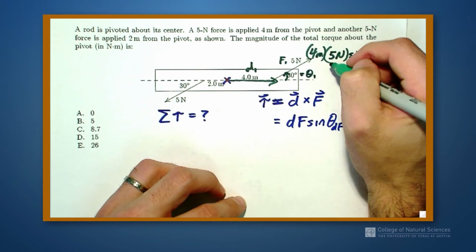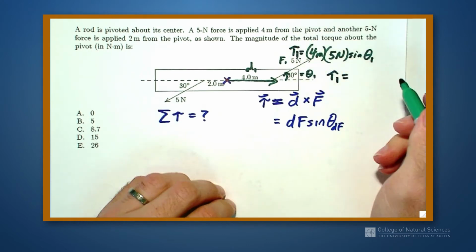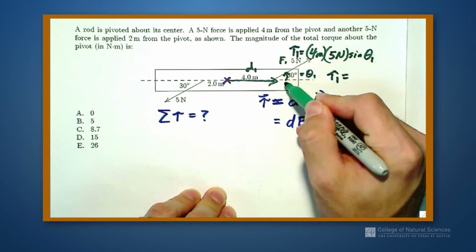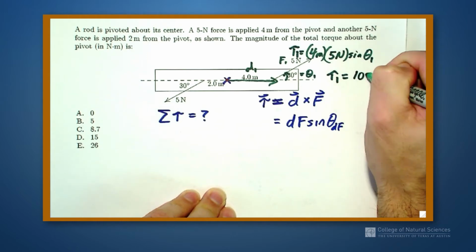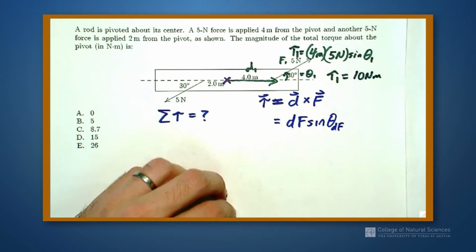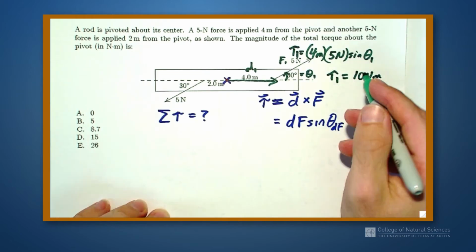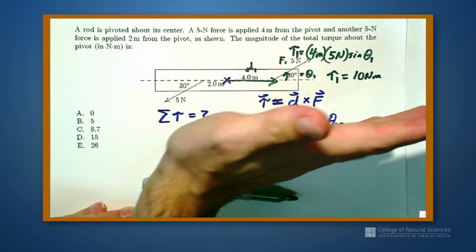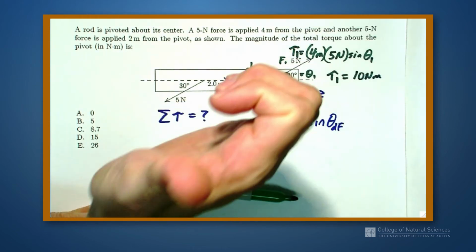Well, if I work this out, my torque 1 is equal to 20, and the sine of 30 degrees is 1/2, so I get this to be 10 Newton meters. And I want to know what direction it points. So if it goes d into f, I can use my right-hand rule to help me out. I go d into f, and I see that it points out of the page.